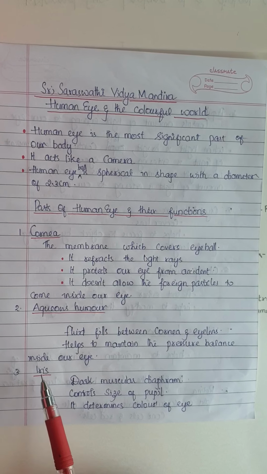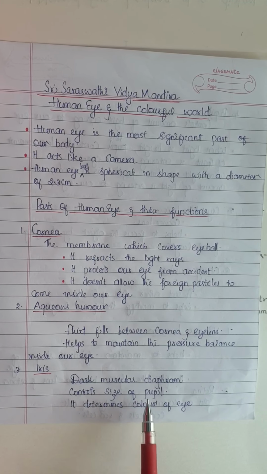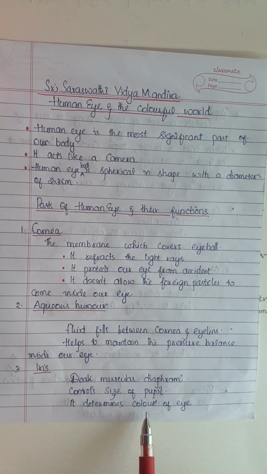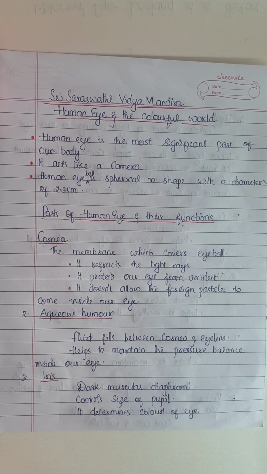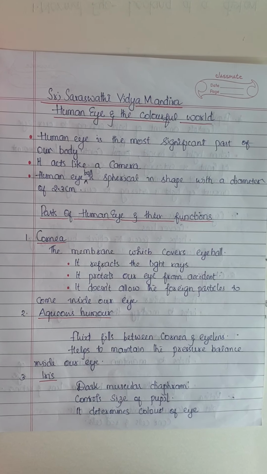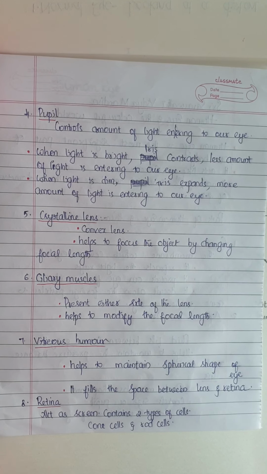Next comes iris. It is a dark muscular diaphragm. It controls the size of the pupil. It determines the color of the eye. That is the function of iris. Then comes pupil.